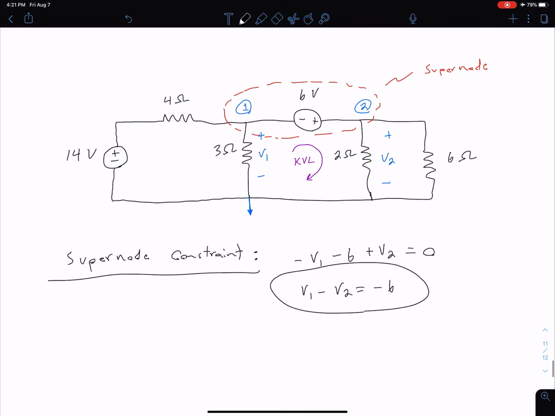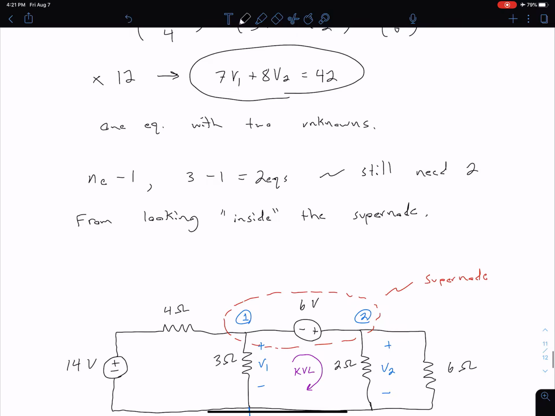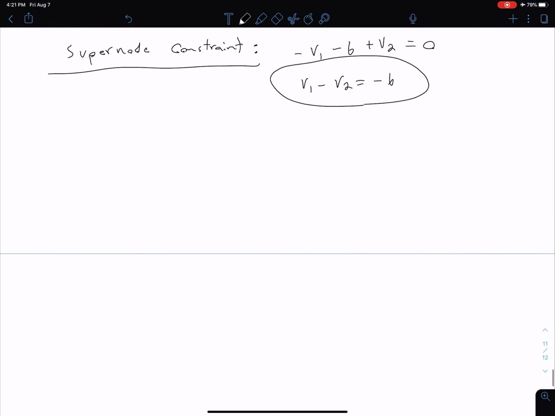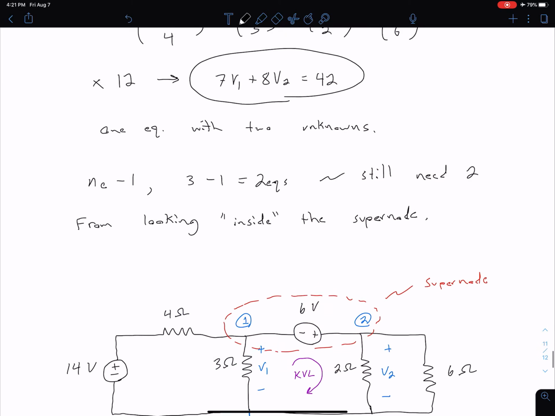And so here is our second equation that we then can combine with this other circled equation to solve for our two unknowns. So let's go ahead and do that using our matrix method. Again, this would be simple enough to do with substitution or linear combination, but we're just getting the hang of our matrix method, preparing ourselves for those more complicated circuits. So our coefficient matrix, our first row comes from this top equation.